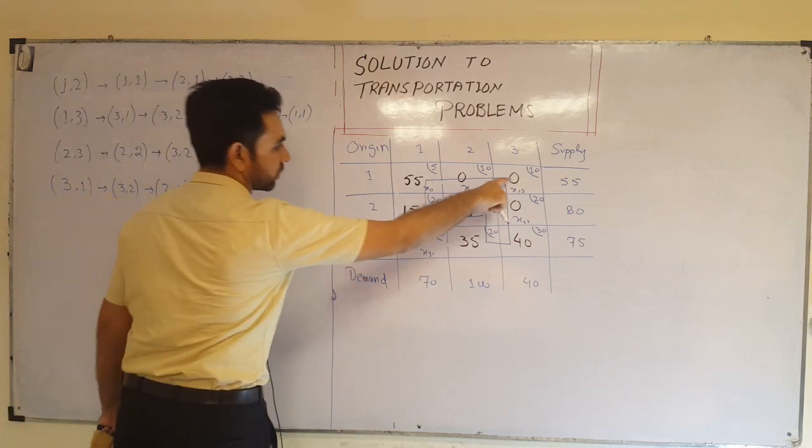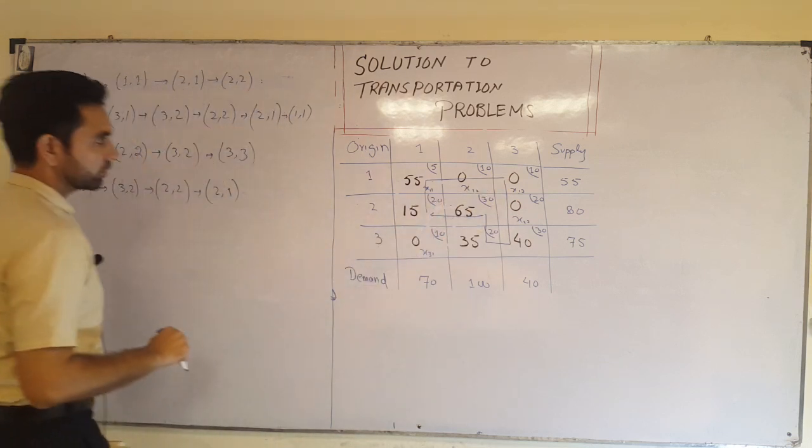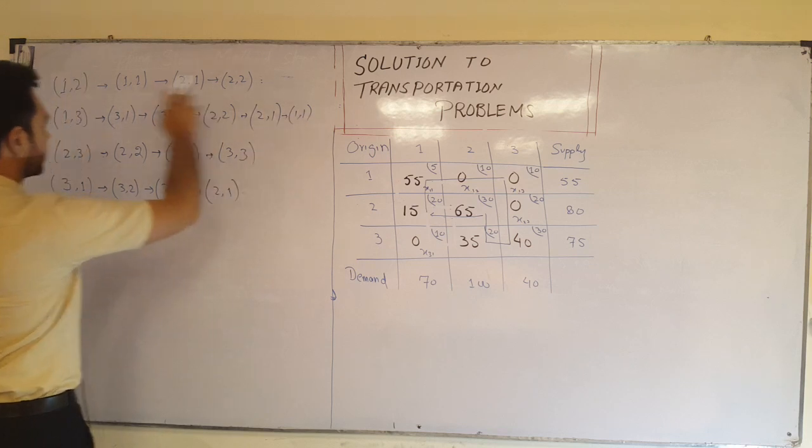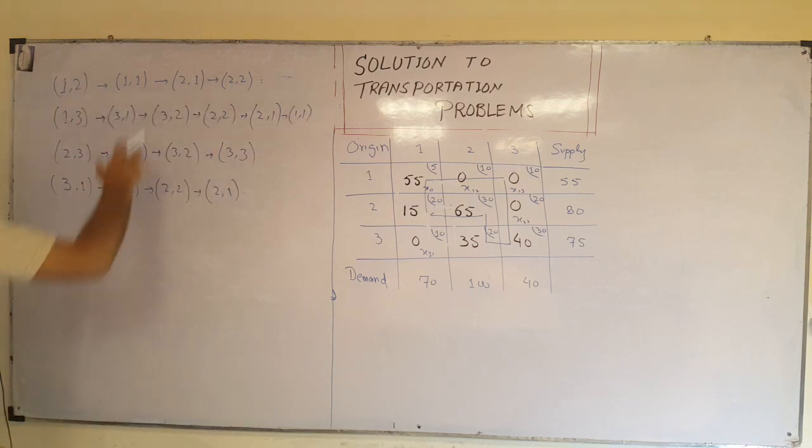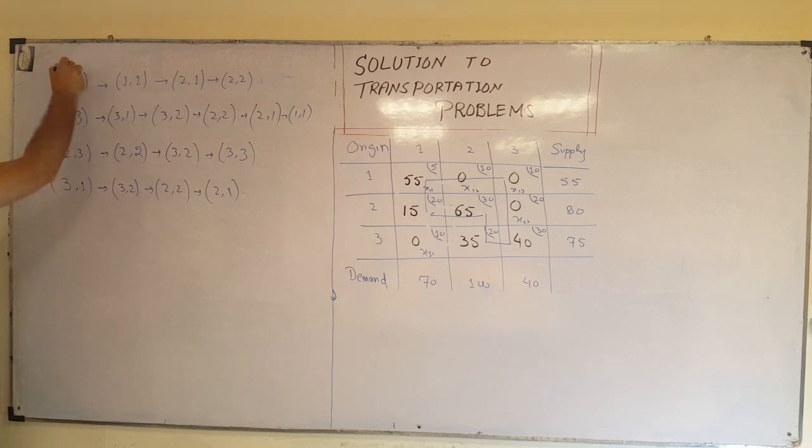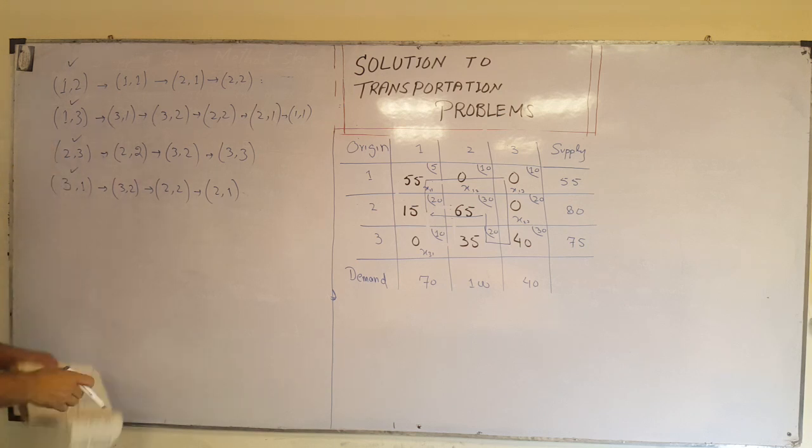So you have a closed loop, right? You are back to the same cell. So these are four closed loops for this cell, this cell, this cell, and this cell. And these are your non-basic variables or non-basic cells which you have to improve.